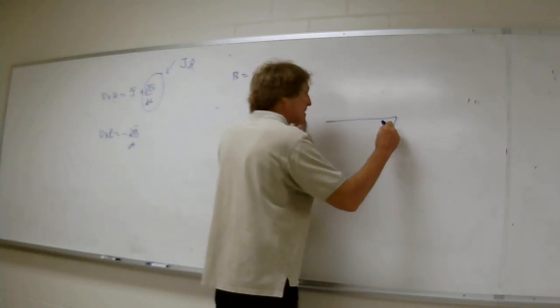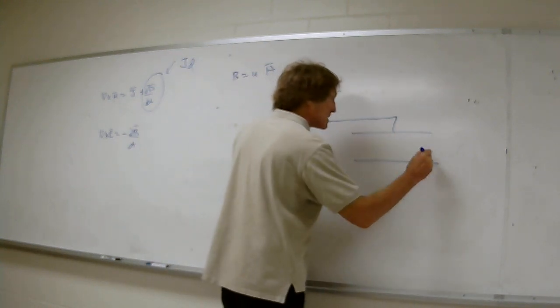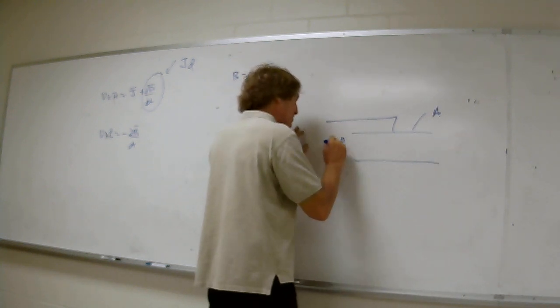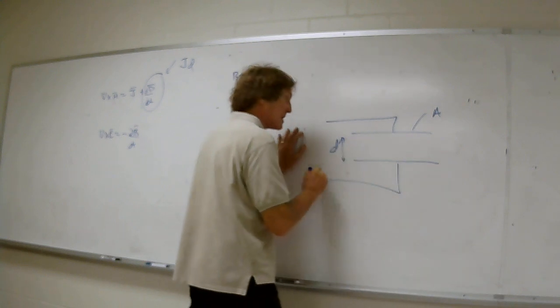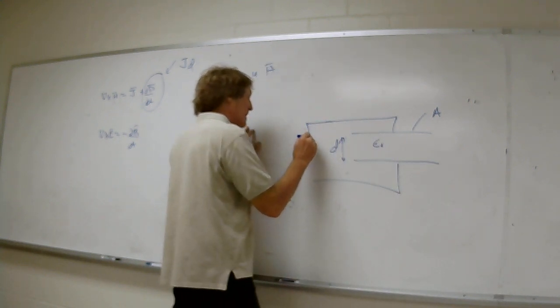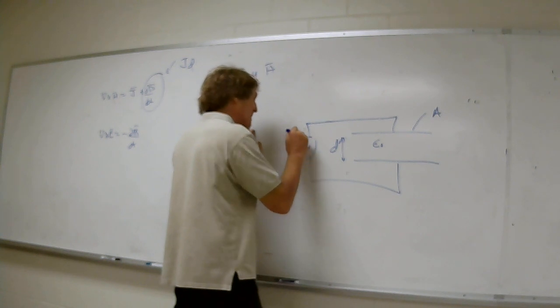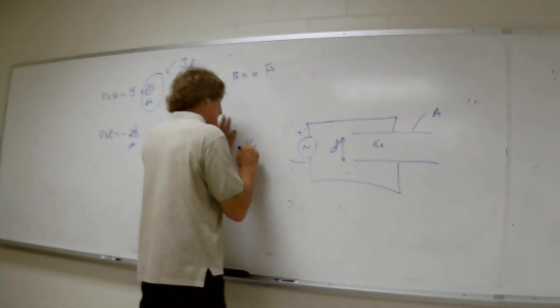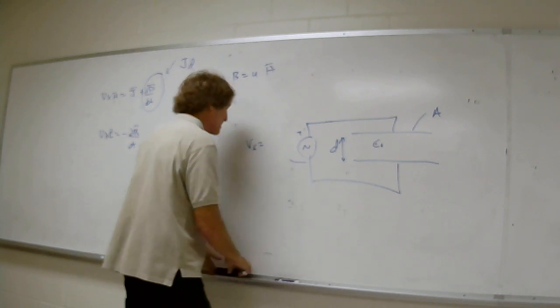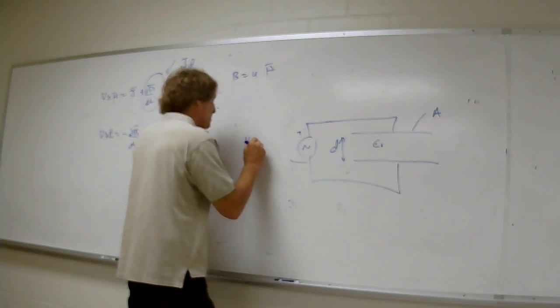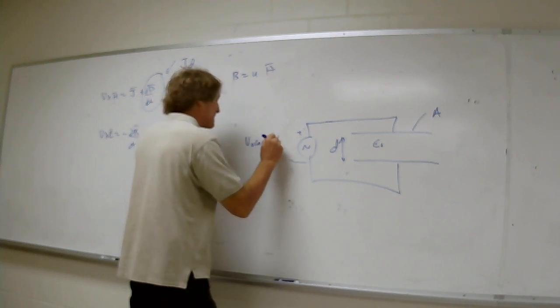So if you look at a capacitor, let's just assume we have the area of the plates A, separation distance d, and just make this epsilon naught, so it's air. And then I put a voltage here, and I'll just make this Vs equals some V0 cosine of omega t volts.